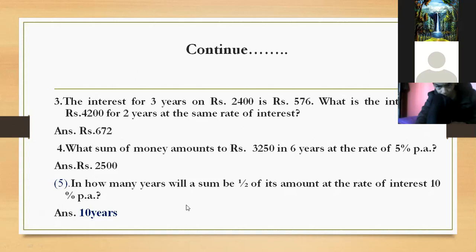Have you got the point? Yes, sir. Then if you know the interest, you can find out time. Time equals interest into 100 by P into R.